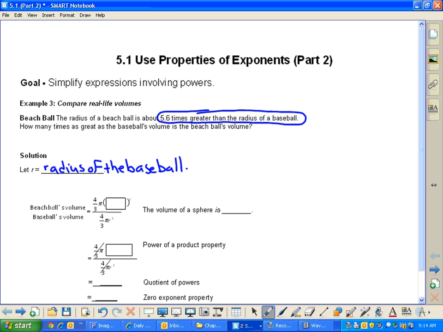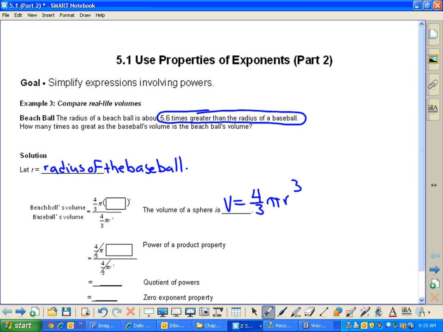Well, the volume of a sphere in general is found by doing 4/3 pi r cubed, so we can compare our volumes by inputting the different radii into the formula for volume. So you'll see here we have the beach ball's volume and the baseball's volume.